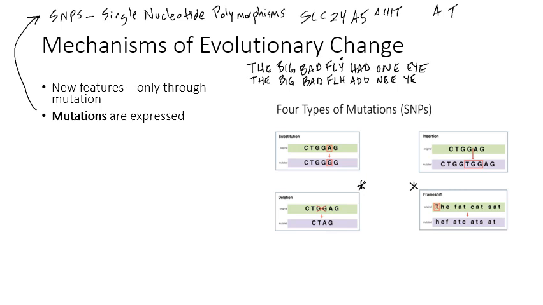SNP is referred to as a single nucleotide polymorphism. This is a type of mutation. The other types of mutations that we're interested in occur on non-coding DNA, referred to as UEPs. A UEP is a unique event polymorphism. We'll talk about that later on.